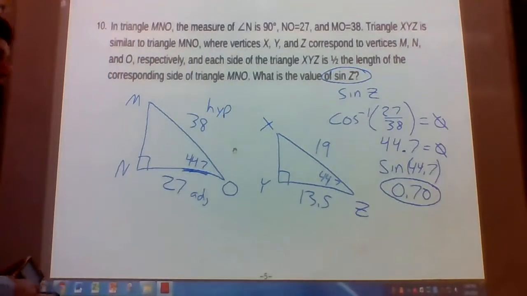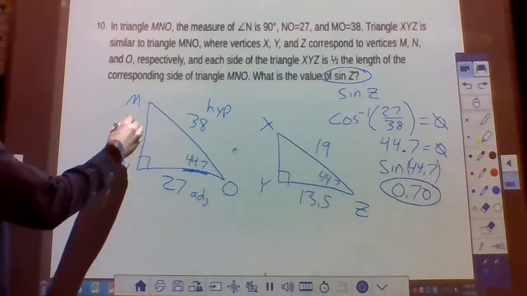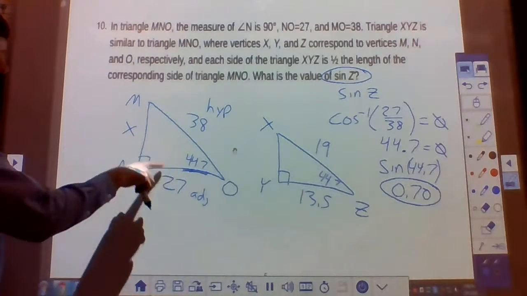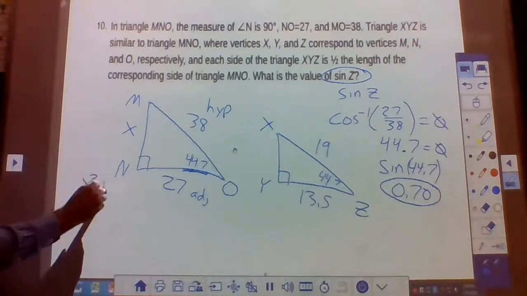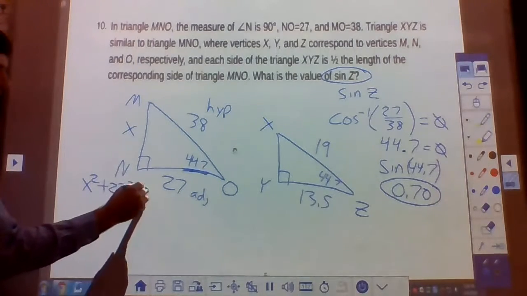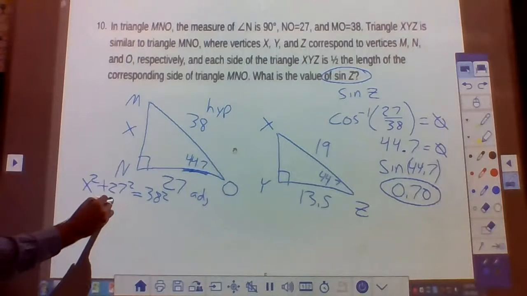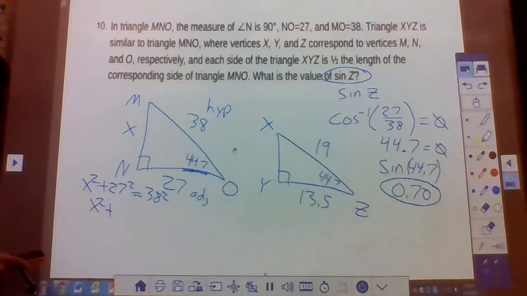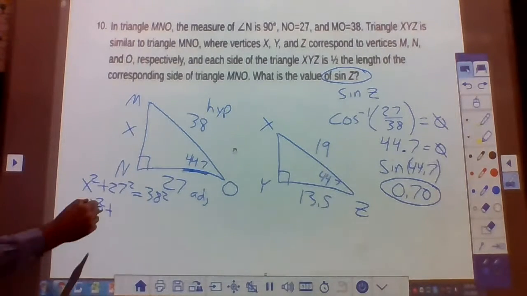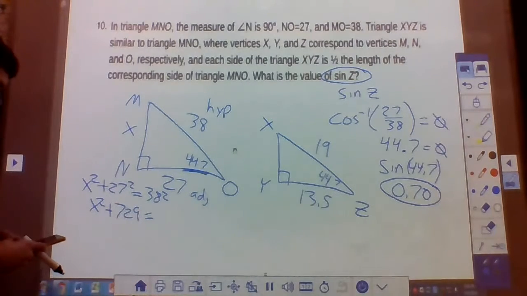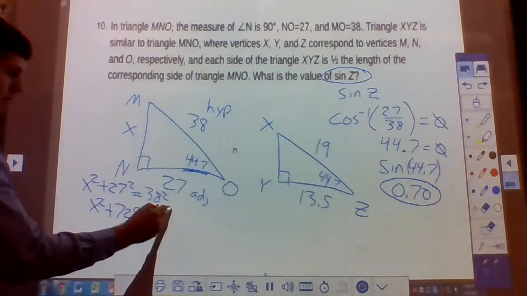The other way we could do it is the Pythagorean theorem. So if we wanted to find this, call that x. The two legs are x and 27, so x squared plus 27 squared equals the hypotenuse squared, which is 38 squared. So x squared plus 27 squared, 729, equals 38 squared, 1444.